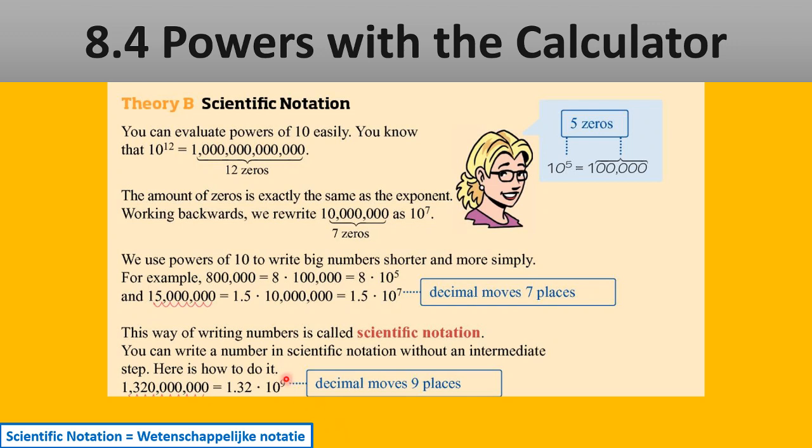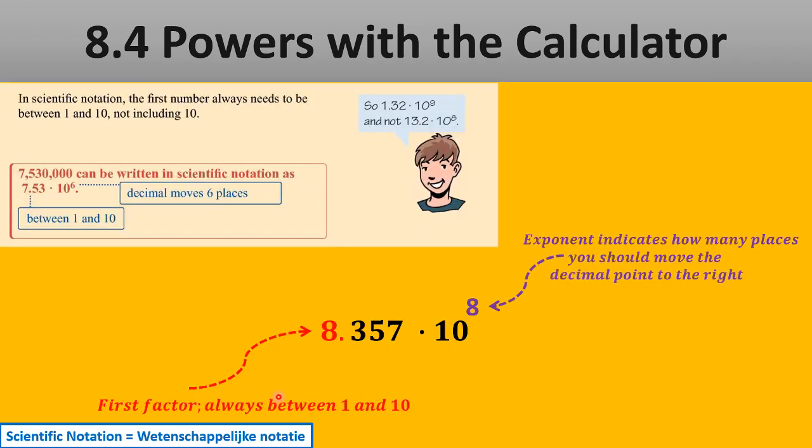You can write a number in scientific notation without an intermediate step. Here's how to do it. If I have a big number like this, you first write it with all numbers that are not 0 in front, times 10 to the number of places you have to move the decimal point to the right. There are some rules to this.